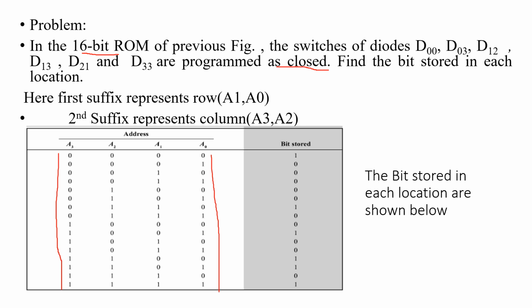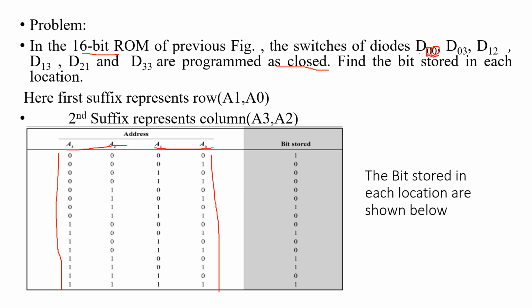Here the first suffix represents the row and the second suffix represents the column, right? So the first suffix means A1, A0 and the second suffix is A3, A2. So D00: both are 00s.